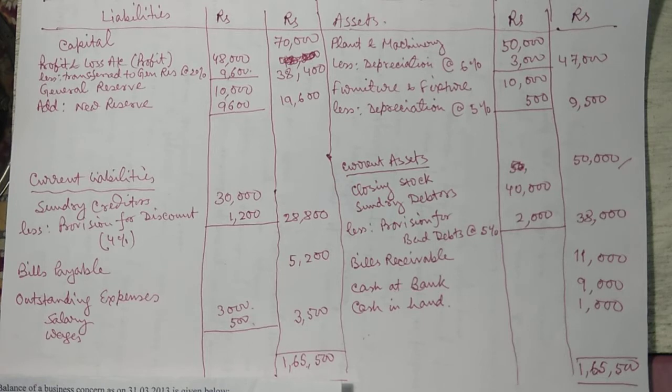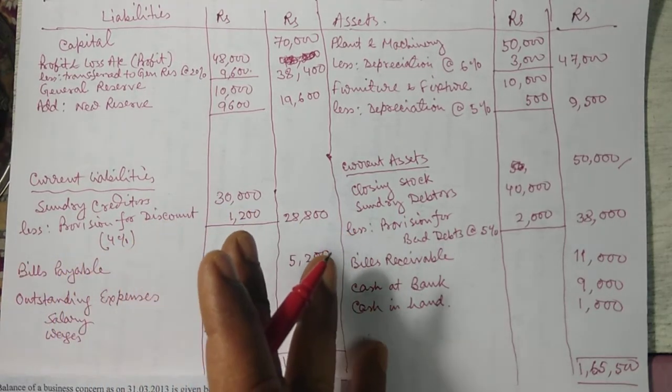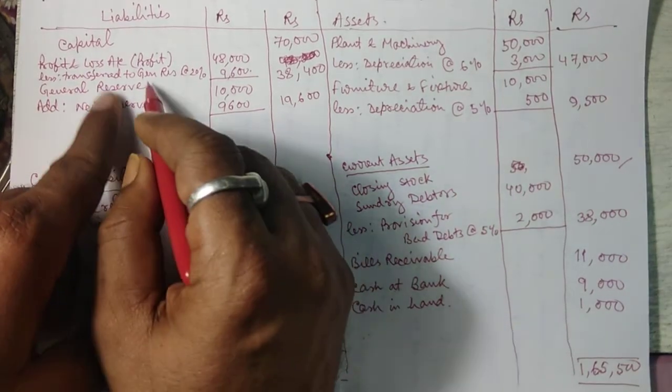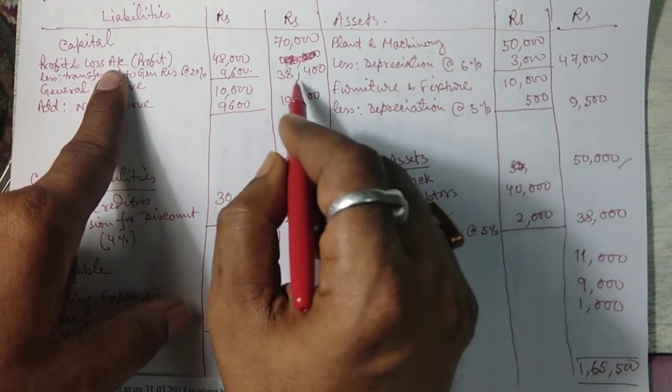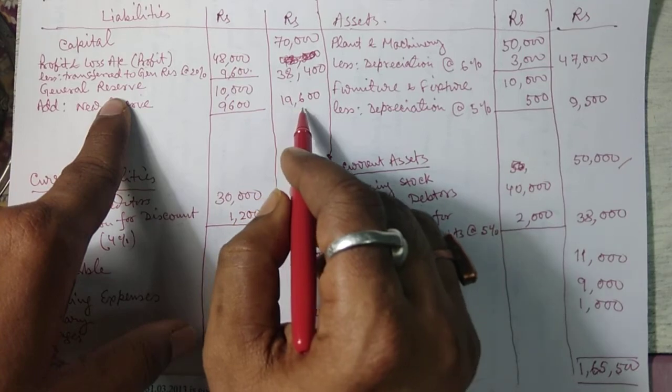You have to analyze the transaction at first, which account is to be debited or credited, and accordingly adjust the entries either in profit and loss account or trading account and in balance sheet. Clear? For example, see, profit and loss account is an item under liability side. General reserve is also an item under liability.